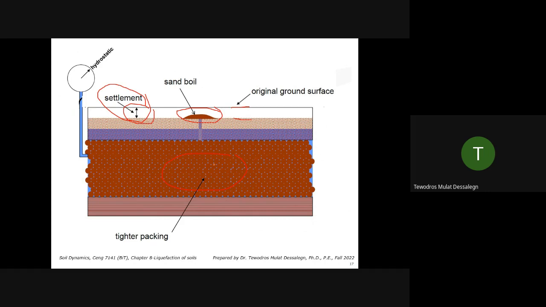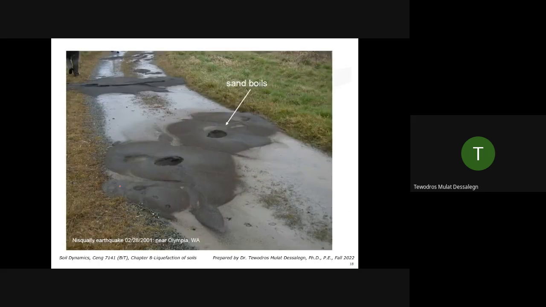Particles were suspended. Once the water is out and the ground is settling, now it looks compacted. That wasn't the case before, but in the meantime the damage is already done. So that's just a model to describe liquefaction phenomena. But you can see this kind of sand boils in practice after an earthquake.